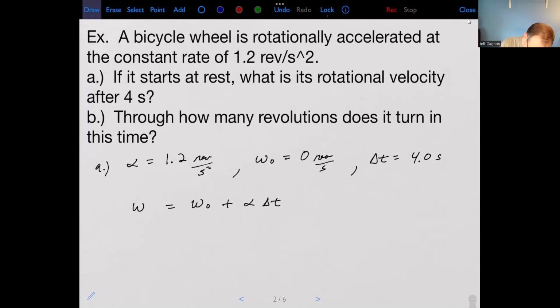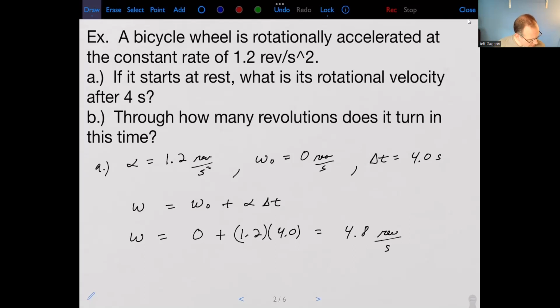So omega is going to be 0 plus 1.2 times 4. If you work that out, you get 4.8. And in units, remember, we left it in revolutions per second. So the final rotational velocity after 4 seconds is 4.8 revolutions per second.